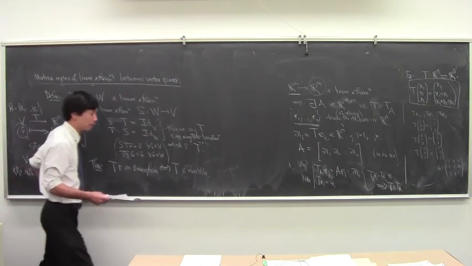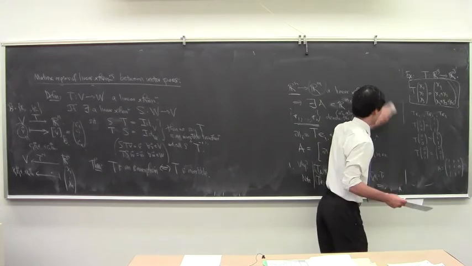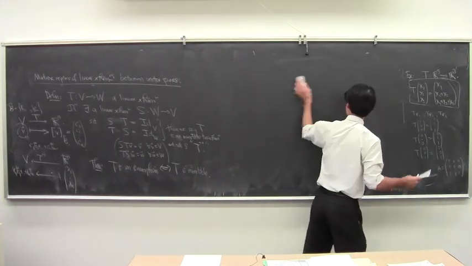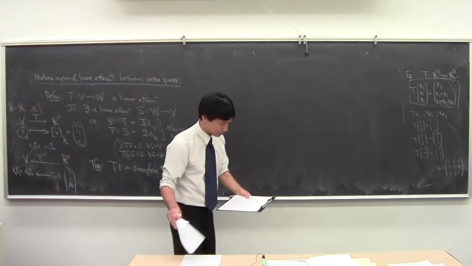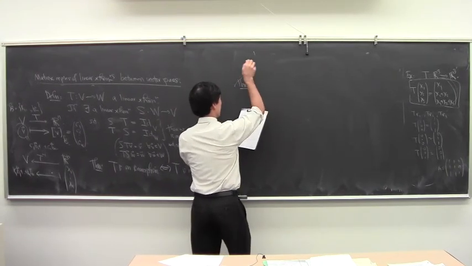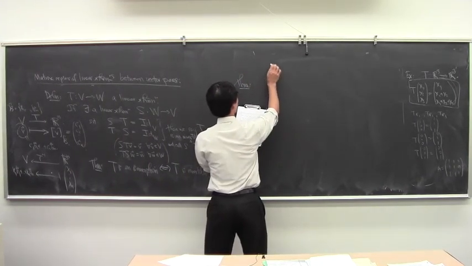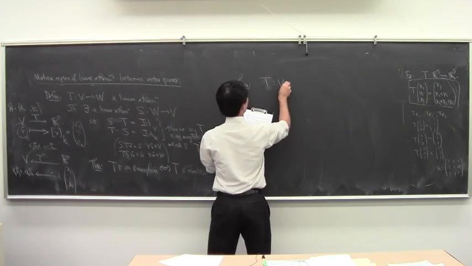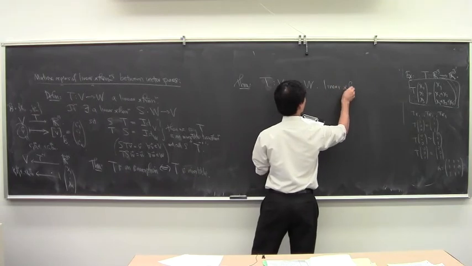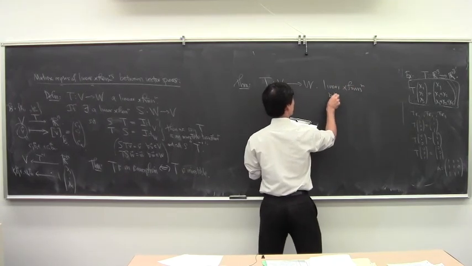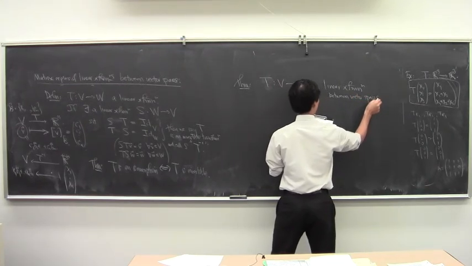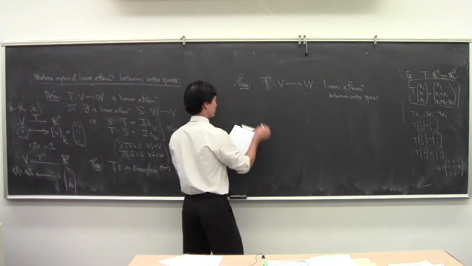We only have a couple minutes, so we're not going to be able to do the whole thing. Let me sketch out what's happening so that I can seed some ideas in your brains. Here's the theorem. You have V and W, and you have T between V and W. This is a linear transformation between vector spaces.